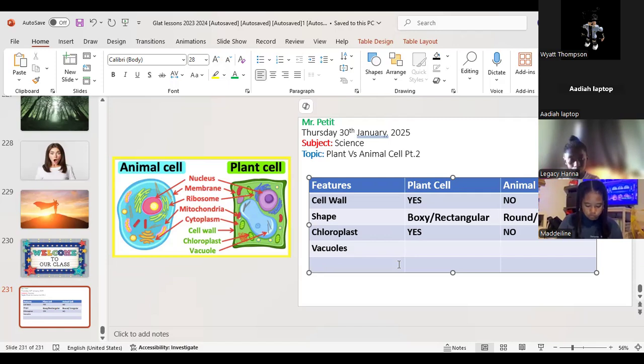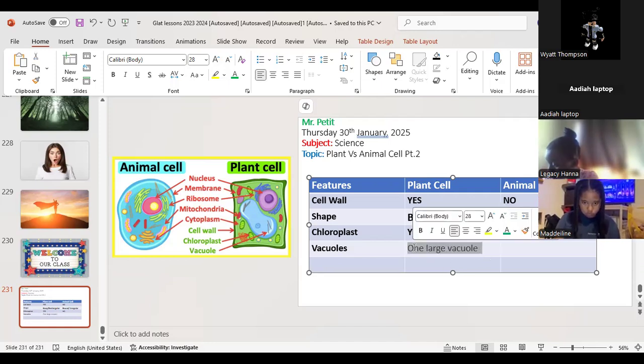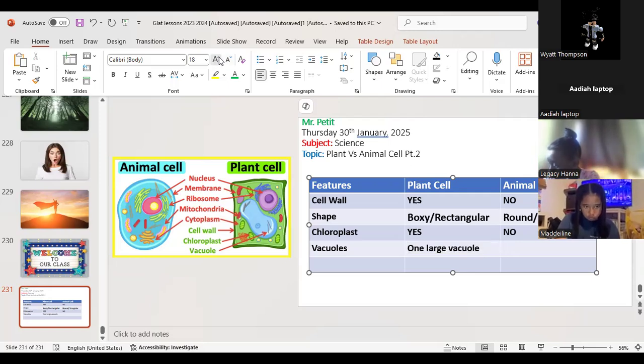So for the vacuoles, you'd say the plant cell has one large vacuole, and the animal cell has many small vacuoles.